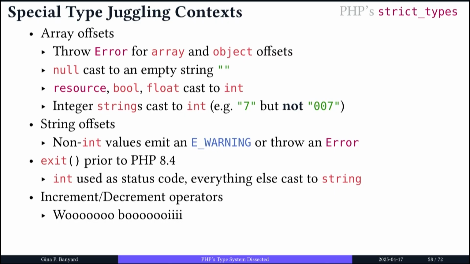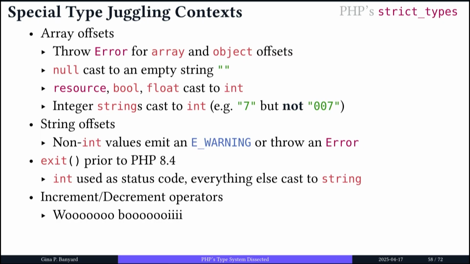For example, the string 7 will get converted to the integer key 7, but the string 007 just stays that way. String offsets, anything which is not an integer, either emit an E_WARNING or throw an error. So string offsets are actually way stricter than array offsets.